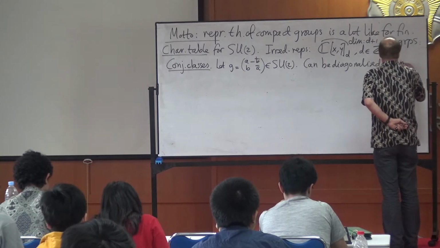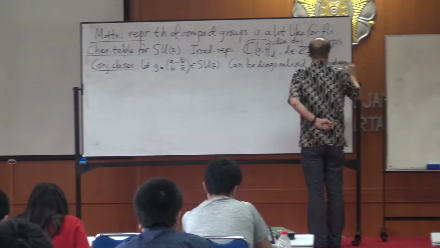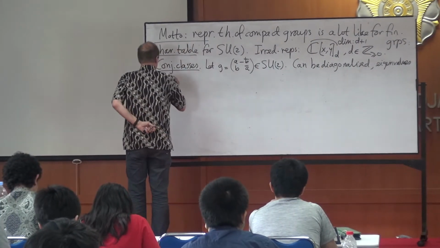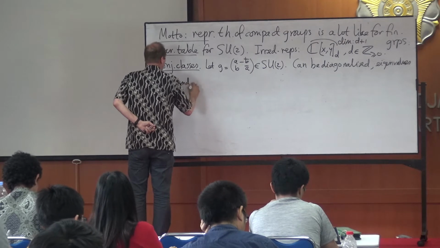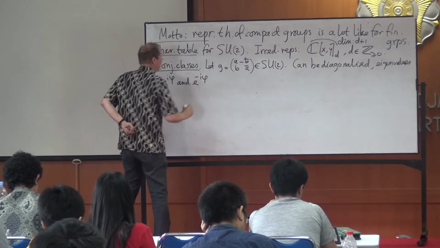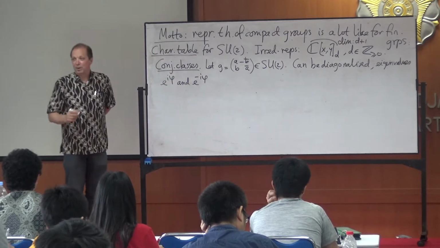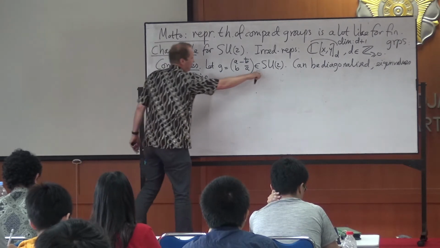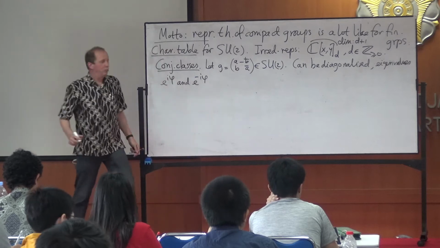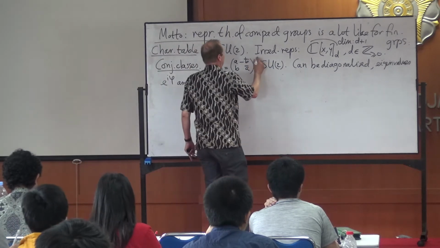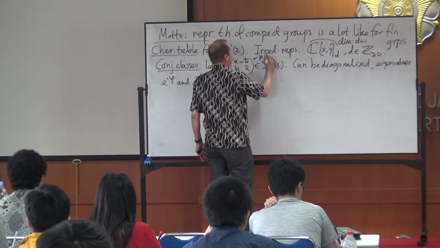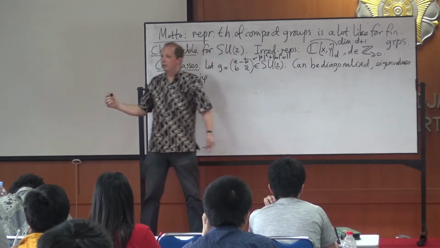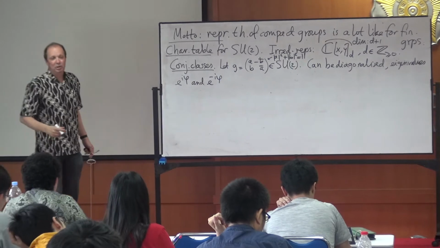And what can you say about the eigenvalues? For a unitary matrix, the eigenvalues are e to the I phi and e to the minus I phi, because the determinant of the matrix is the product of the two eigenvalues, but the S here means that the determinant is 1. And there is this condition that the absolute value of A squared plus the absolute value of B squared is 1. That is the only equation that you need for SU2.